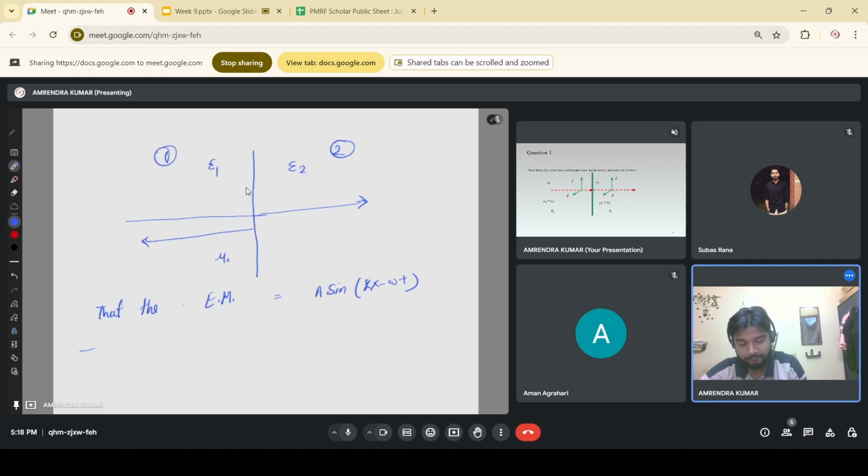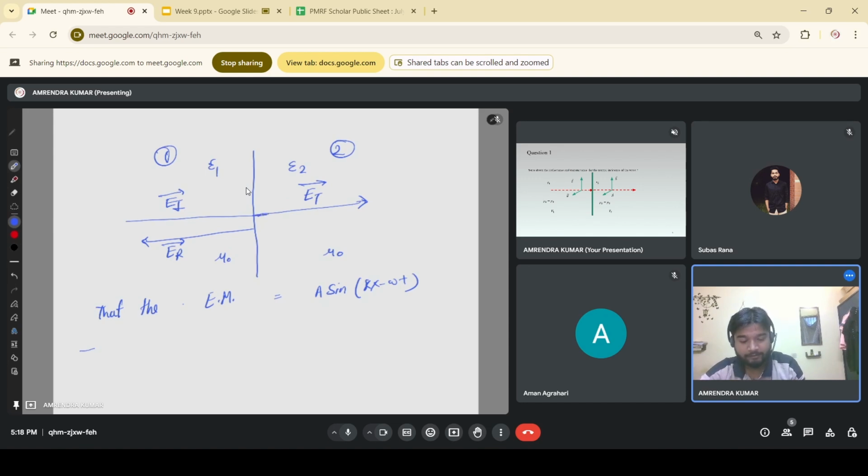Let's say the incident electric field is EI, the transmitted is ET, and then you have the reflected one, ER. So these are the fields.